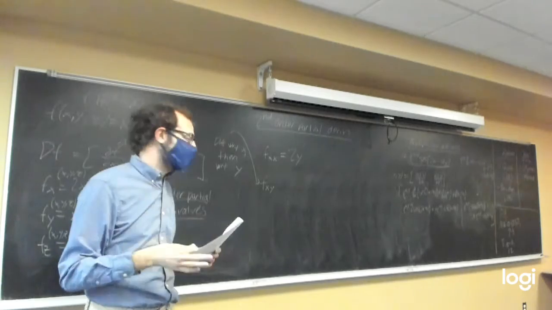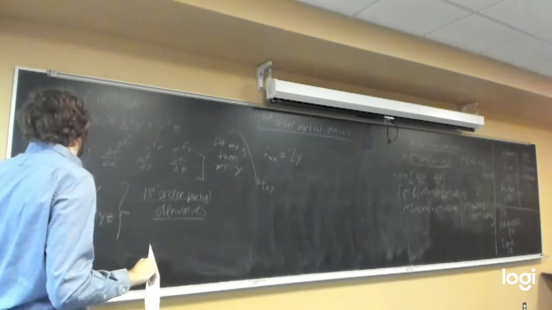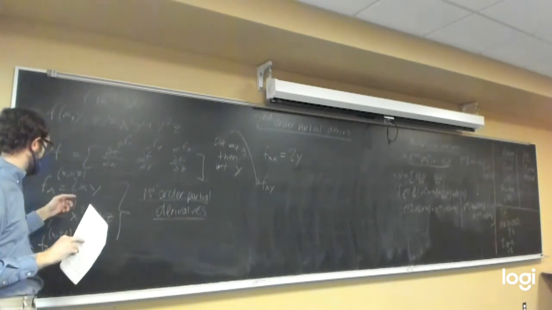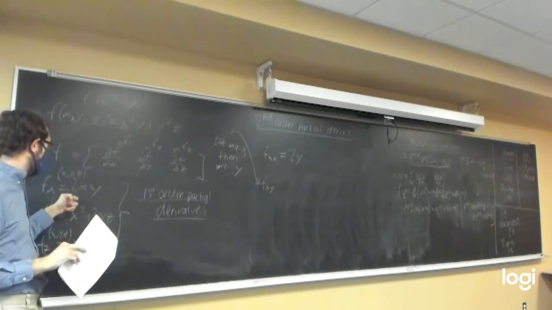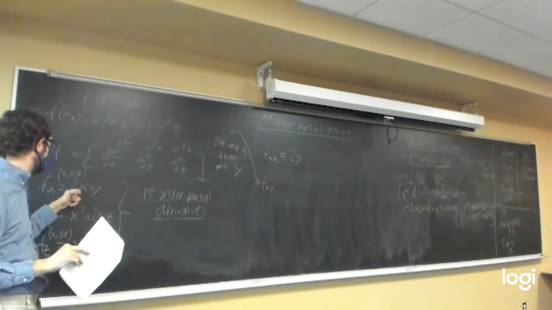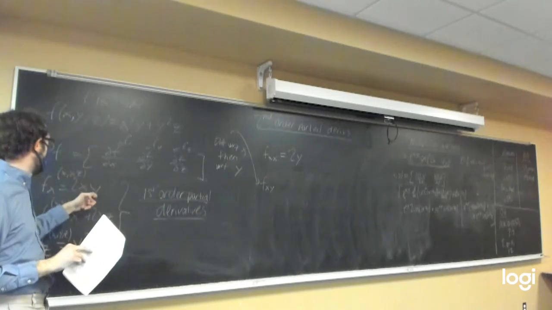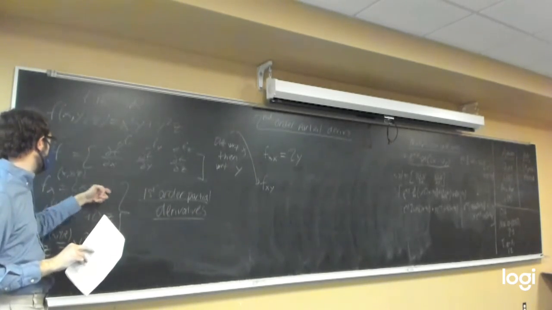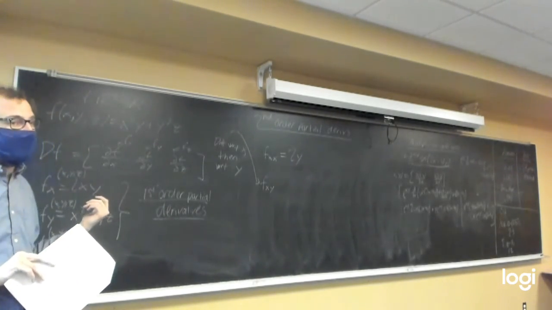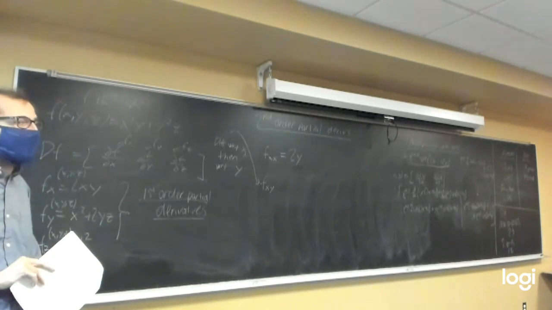Here, if we look at f sub x equals 2xy, and differentiate that with respect to y, meaning we treat y as the variable in this expression and x as the constant, what would we end up getting?